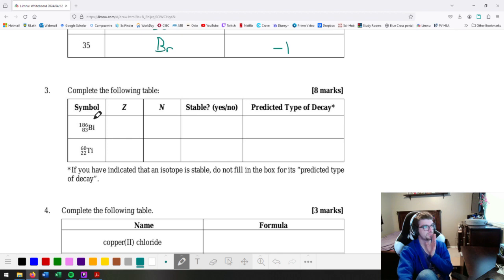And so the way that this symbol format is laid out is, so let's break it down over here. Bi, 186, and 83.